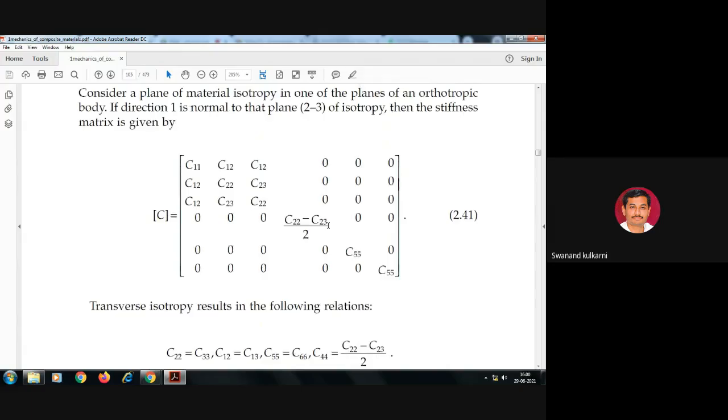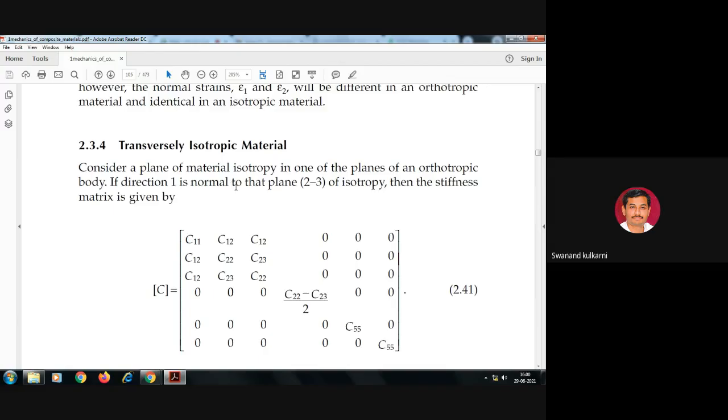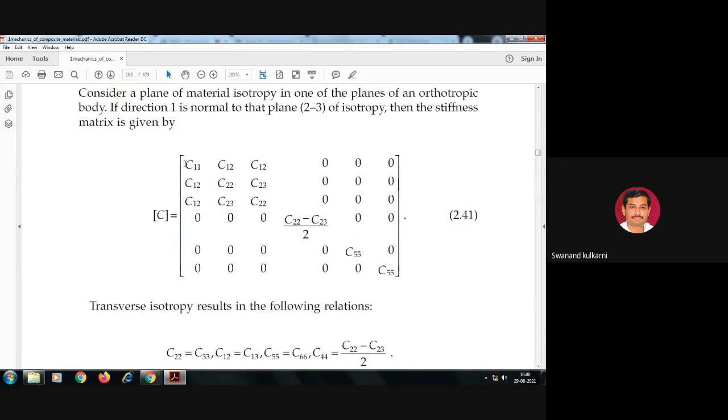Then the number of independent elastic constants gets reduced again, because earlier we were using C11, C12, C13, and now we are using only C12. Then C22 and C23 are two different elastic constants we consider.